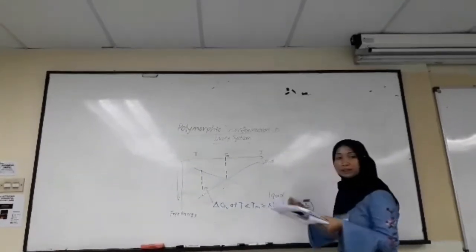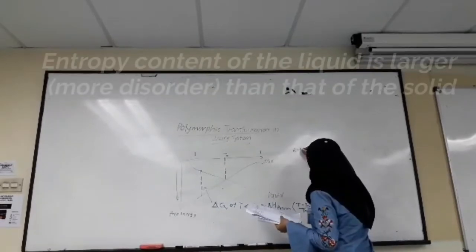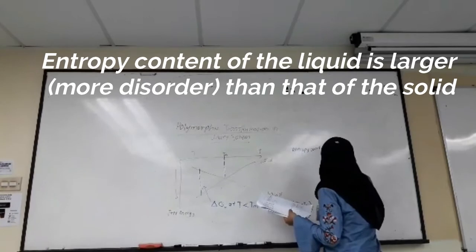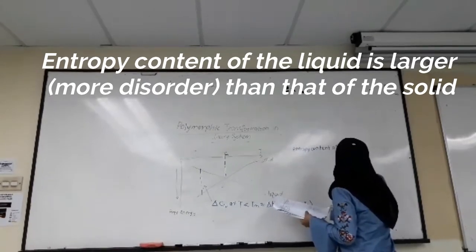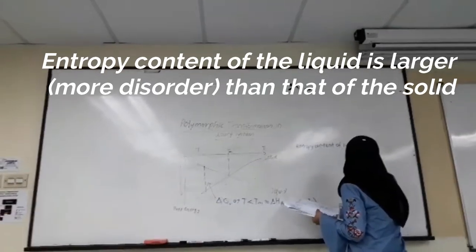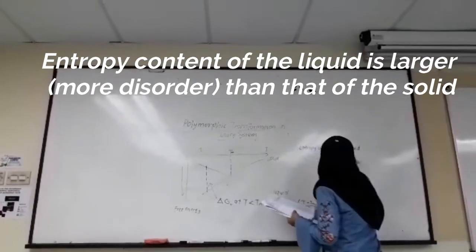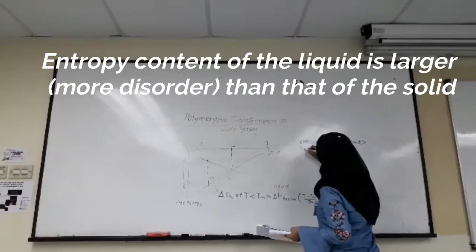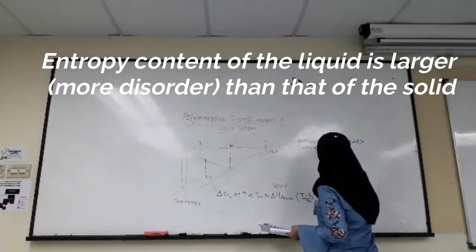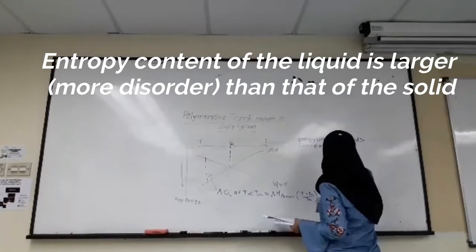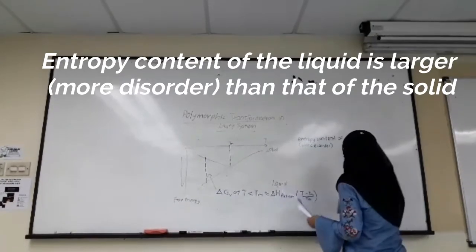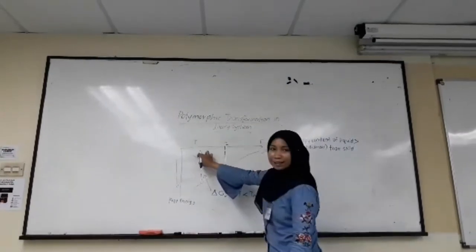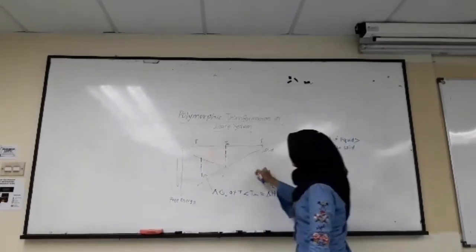It is because the entropy term of liquid is larger, which is more disordered, than solid. That's why it becomes steeper.